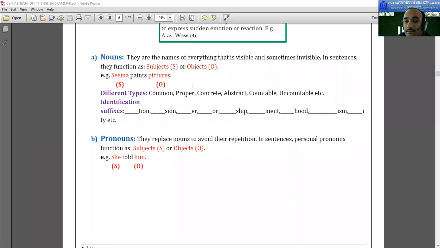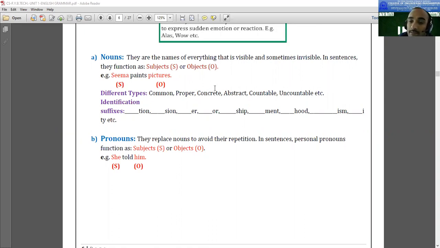Very correct. She has given the definition very correct. The concrete nouns are the nouns which we can identify with the five senses: taste, smell, eyes, hearing, ears, or skin.